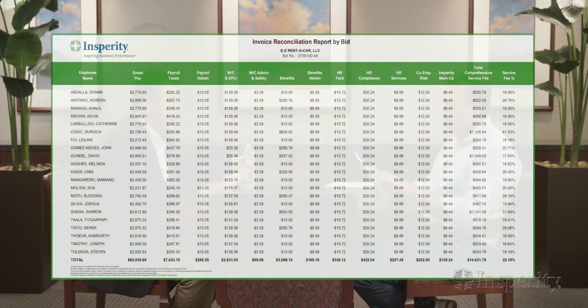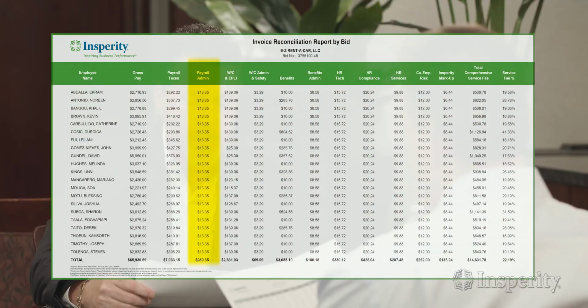So the next category that we're going to talk about is the payroll administration area. So we actually charge your account a total allocation, and then this report actually will break that number out into the various administration portions of our fee. So we start off with a total admin number, and then we will break that number down into different categories.